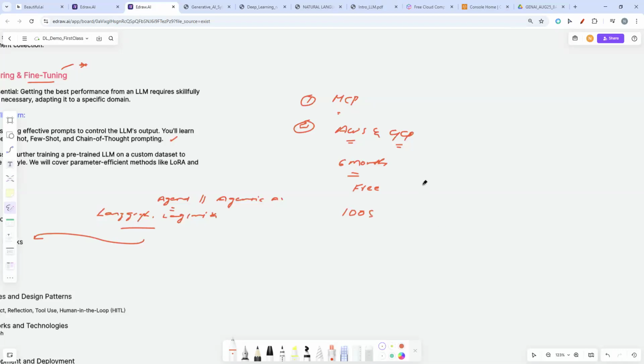The $100 in credits that AWS gives you initially, based on your usage, if you are working on other services that AWS is offering, they will slowly credit some more dollars to you, like $100 plus $20 plus $30 based on the work you do on the AWS platform.